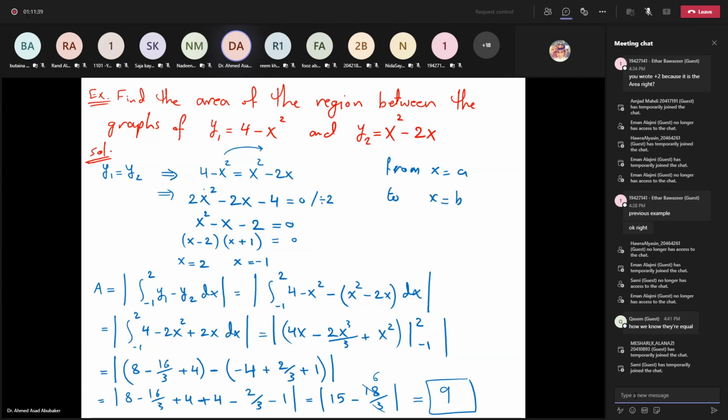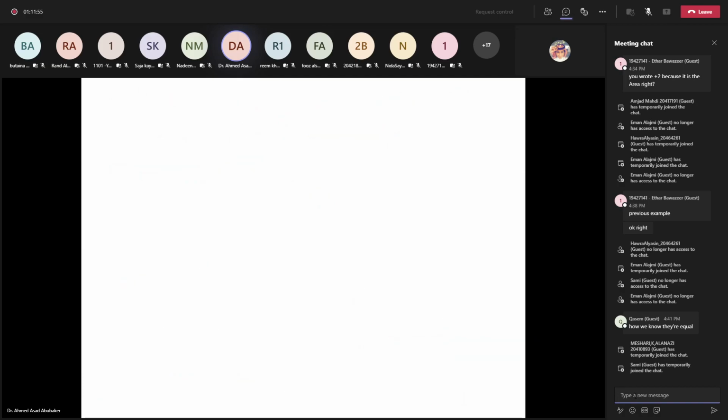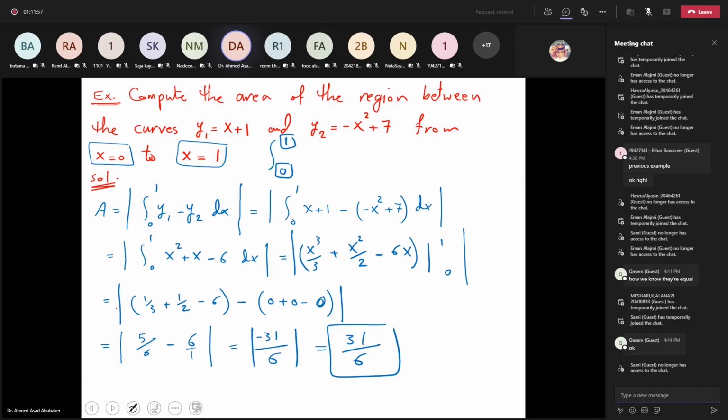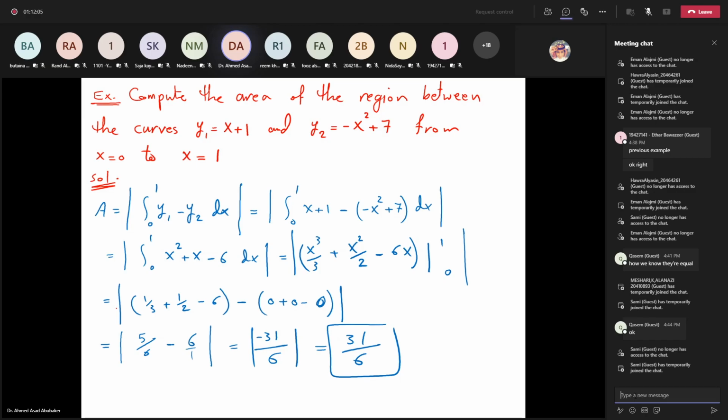So how can we find the bounds, or intersection points, for the closed region? By putting y1 equal to y2. Okay. Any question?